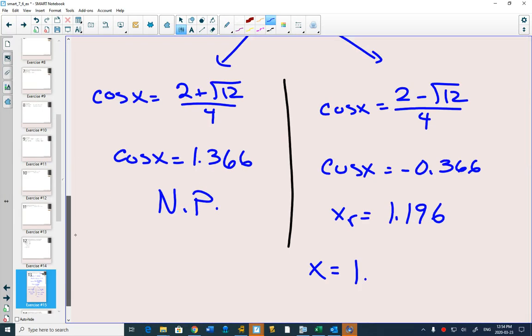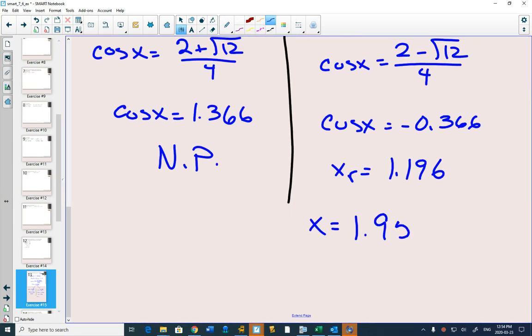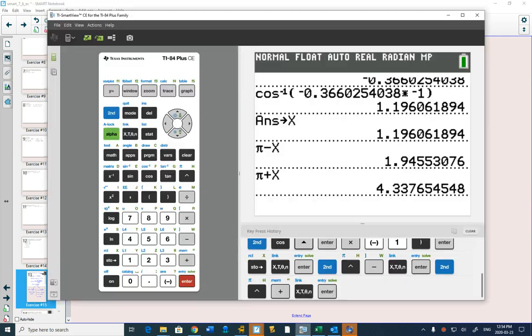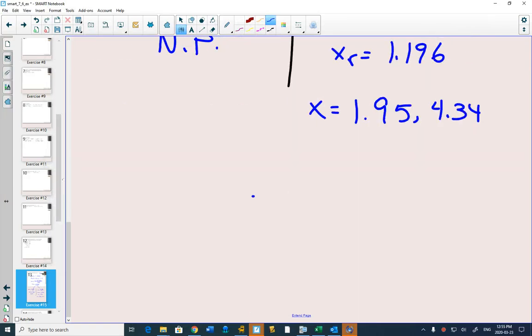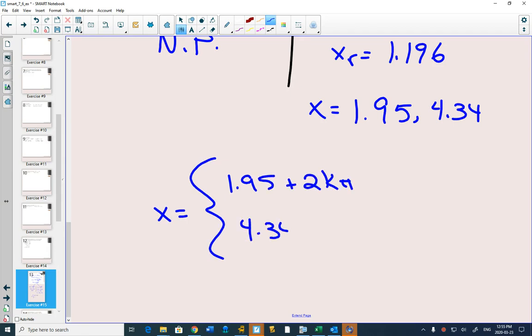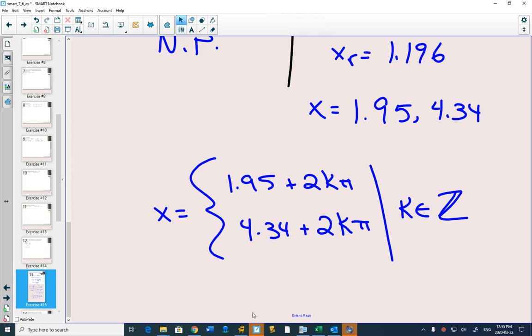The nearest hundredth, 1.95, and in quadrant 3, 4.34. Those are our answers between 0 and 2 pi. Our general solution then, we would have to add 2k pi to each of these.